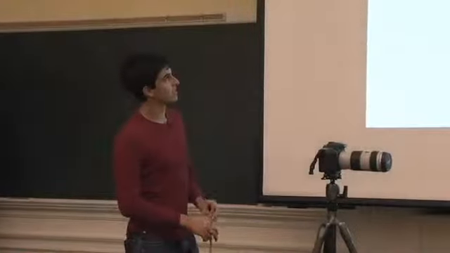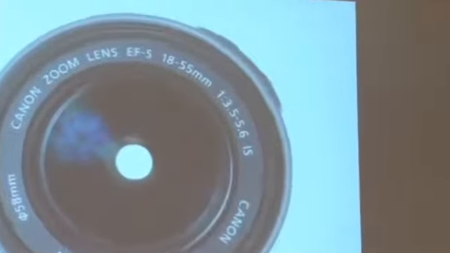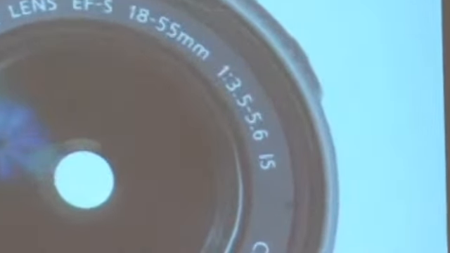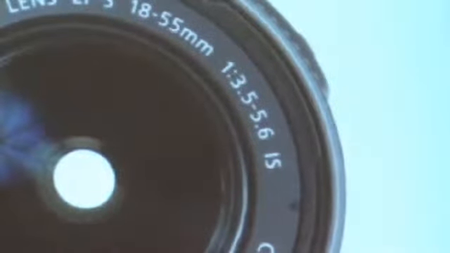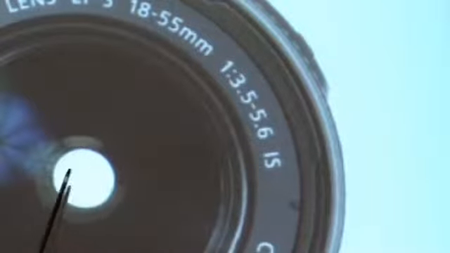You see that it says it has an f number range of 3.5 to 5.6. Keep in mind that the 5.6 doesn't mean that that's the smallest the aperture can be, or the highest f number. Instead, what this is telling you is the maximum aperture's f number through the zoom range that it's capable of.